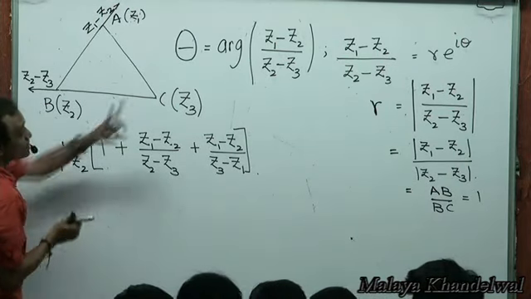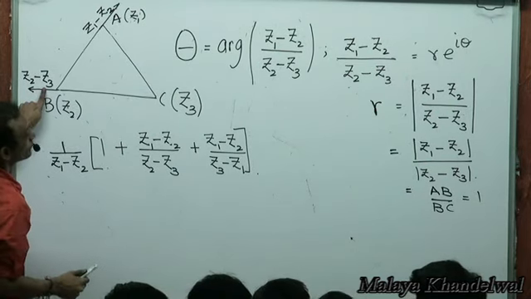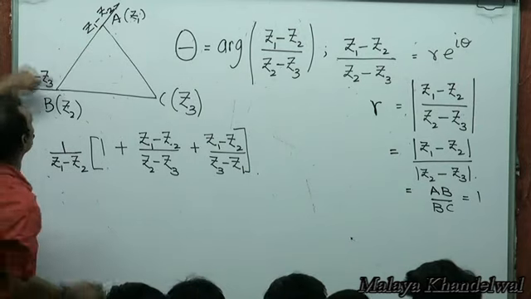Now, this theta is the amount by which you must rotate the denominator vector, which is z2 minus z3, so that it coincides with the numerator vector, which is z1 minus z2.